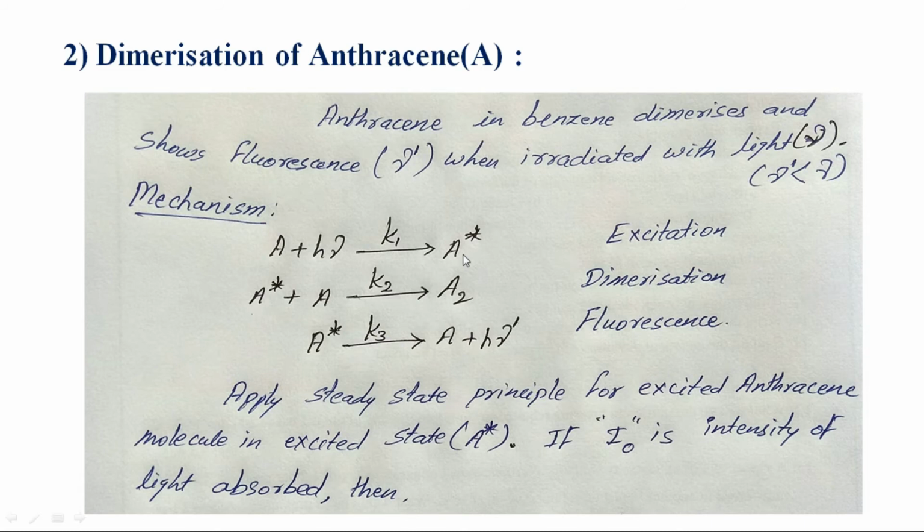As we know, an excited anthracene molecule undergoes fluorescence, so in the third step these excited anthracene molecules come to the ground state with the emission of light with a frequency ν', and let me consider K3 as the rate constant of this fluorescent process.